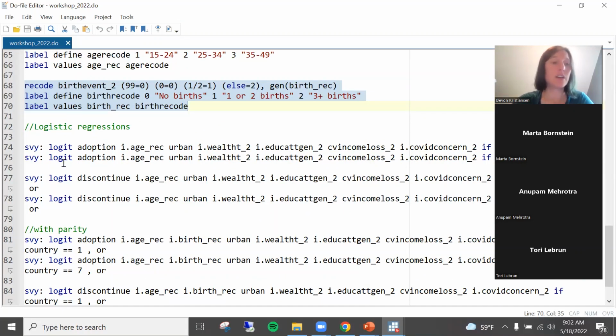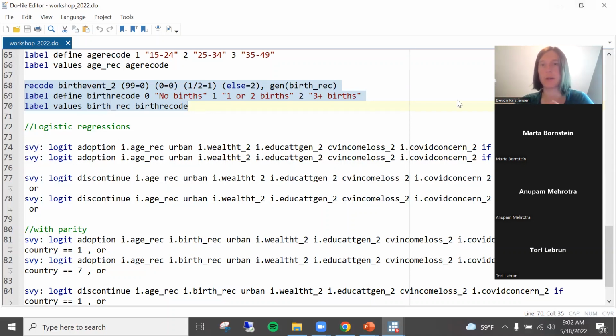So I'm going to have separate regressions for each country. I'm not going to pool them together for this analysis because each country's COVID restriction experience was different. So I'm going to have separate models for adoption and discontinuation, and also by country. So that leaves us with 4 models.